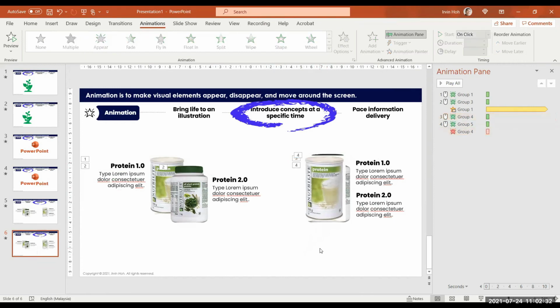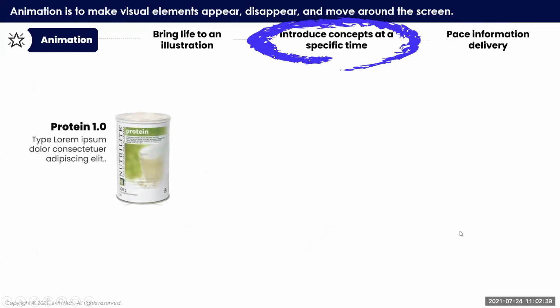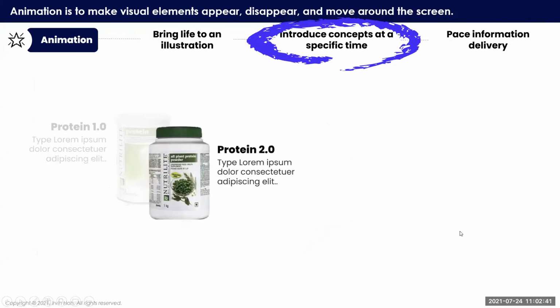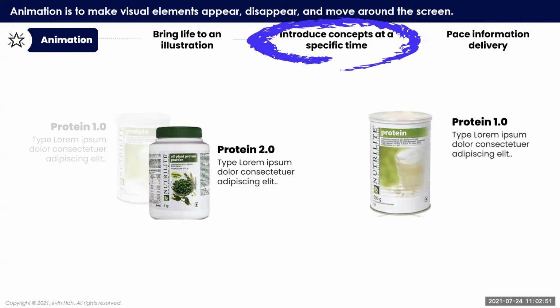So let's see how this particular animation looks in slideshow mode. This one I have talked through, the first concept already. Now concentrate on the right-hand side, which I want you to see how the effect looks. So now I want to talk about Protein 1.0, the old formula, the old packaging.